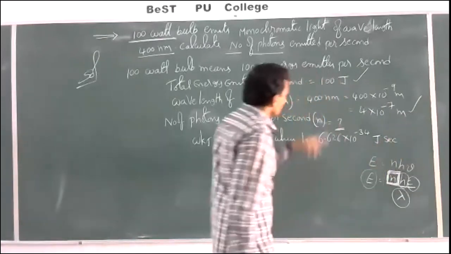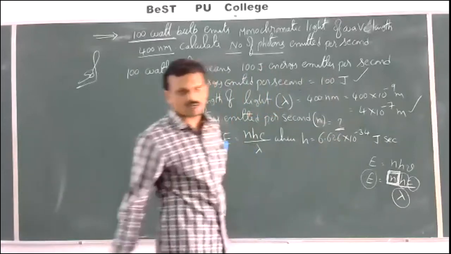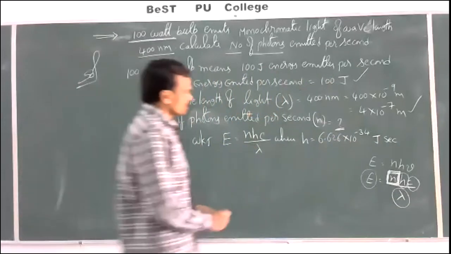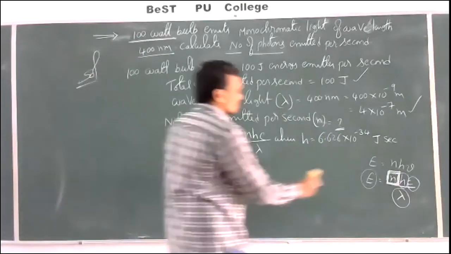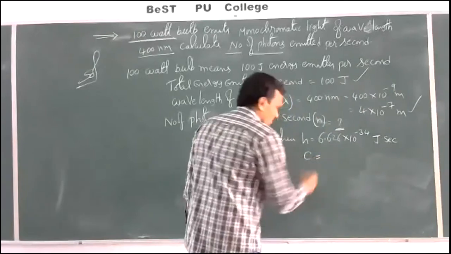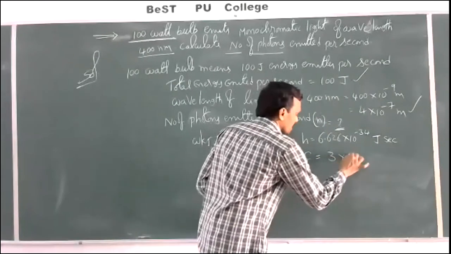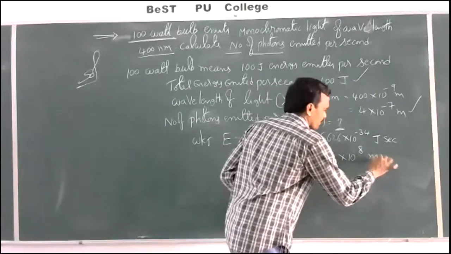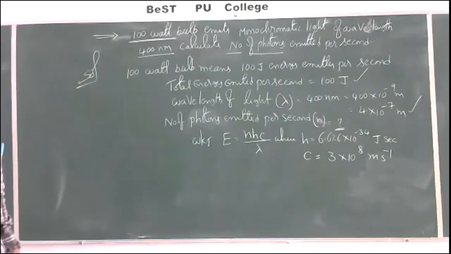Why? Because here total energy you have taken in joules. H value also should be taken in joules only. And C is nothing but velocity of light. What is its value? 3 into 10 power 8 meters per second.